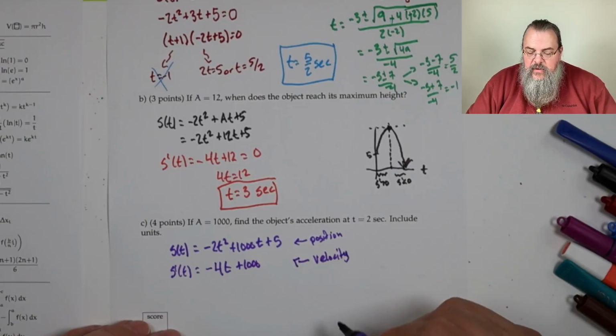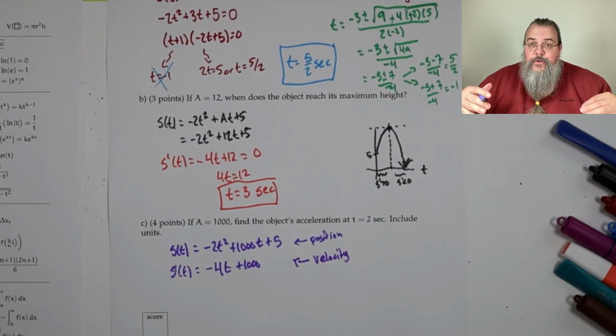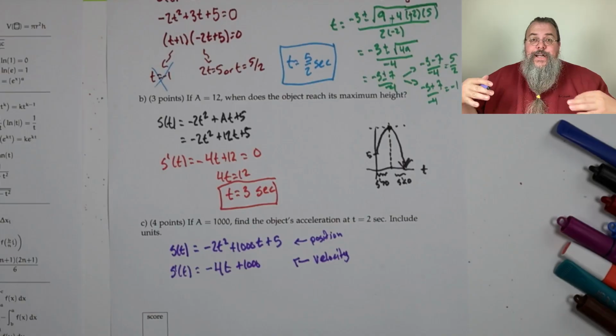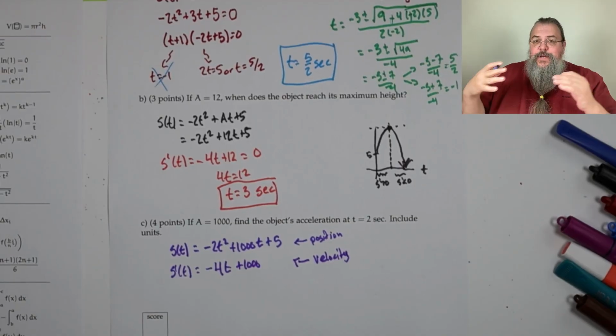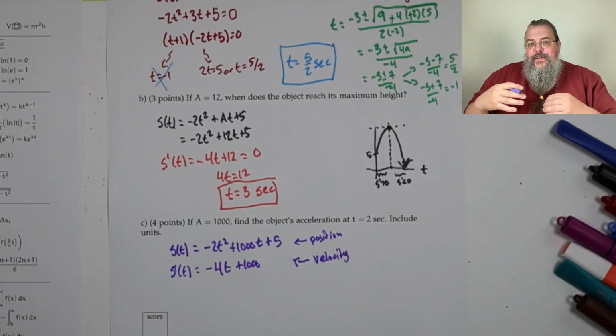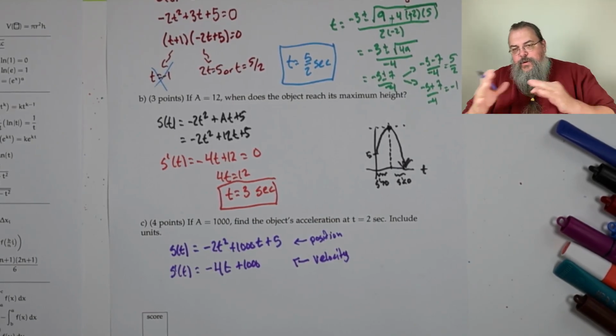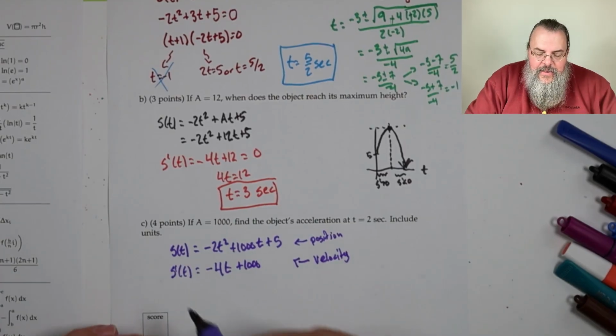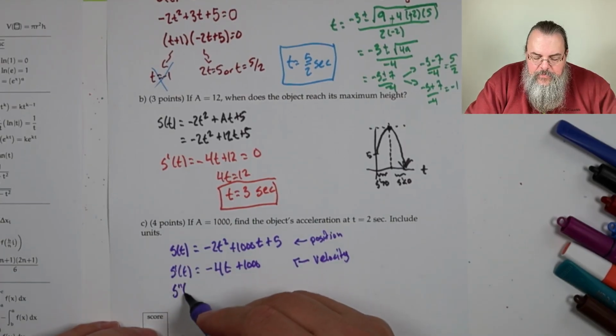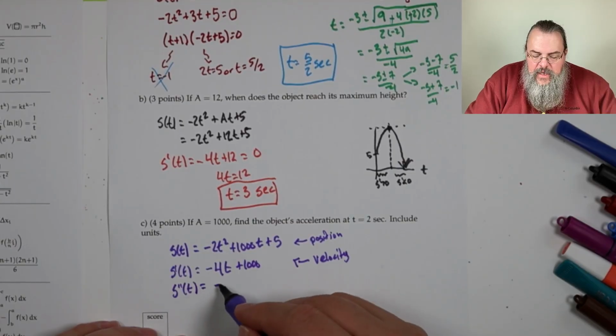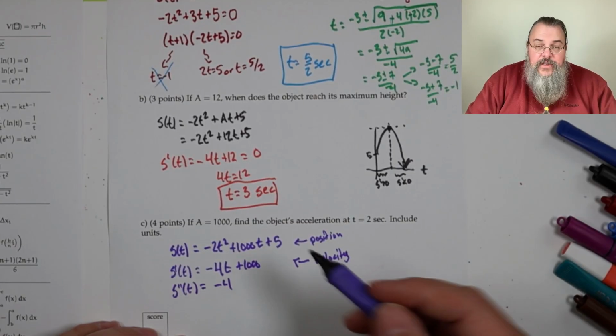Okay, so that's our rate at which we're moving. Now, it's a little different than speed because we could be positive or negative. So we have a little bit of an idea of an orientation. Are you going forward or backwards? S double prime, well, that's -4 and just -4.